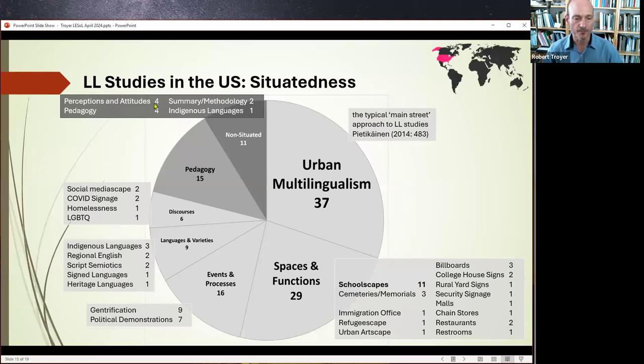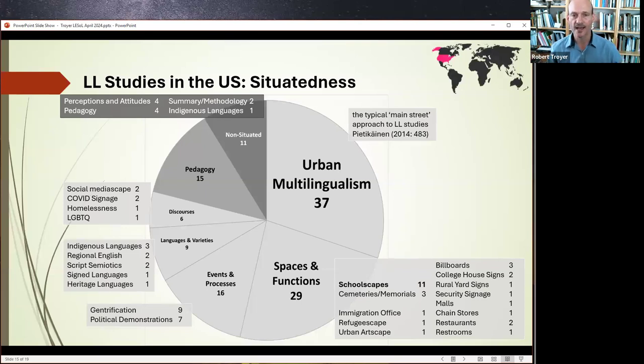There are, I think importantly, a few studies of perceptions and attitudes. And this goes back to the early research in linguistic landscapes by Landry and Bourhis, looking at ethnolinguistic vitality. And so the studies of these four are ones in which people were asked about the linguistic landscape. They were asked about their language ideologies. They were asked about their attitudes toward languages and about their attitudes and their perceptions of print in the environment.